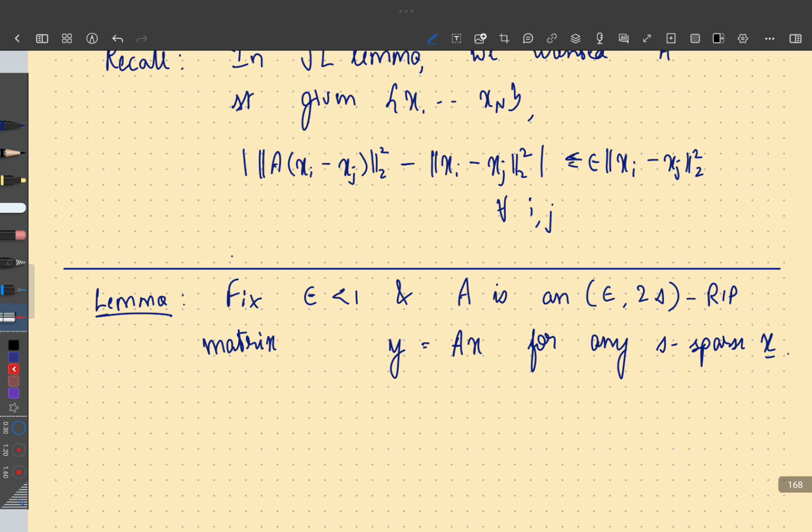The thing to note is that x is s sparse and A is an epsilon 2s RIP matrix.